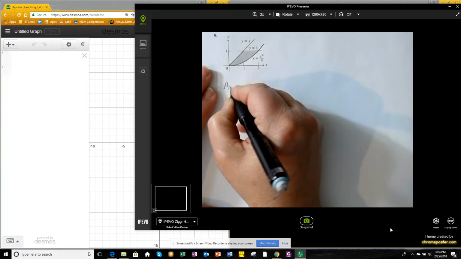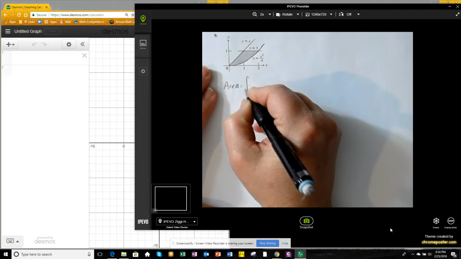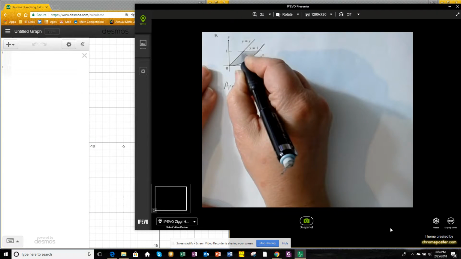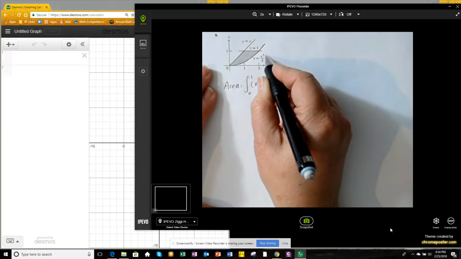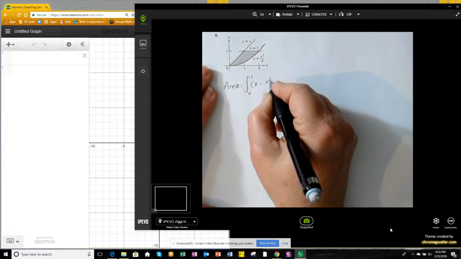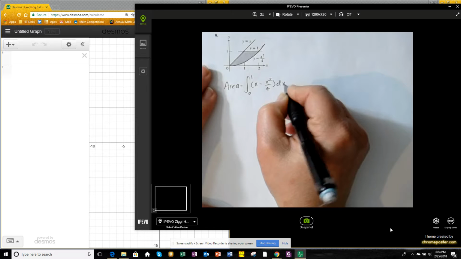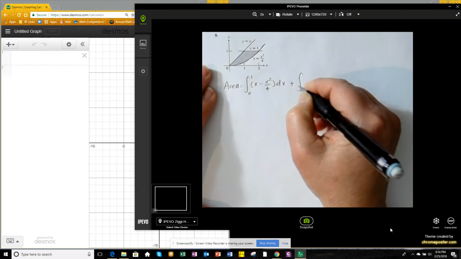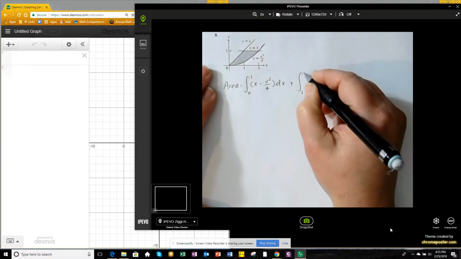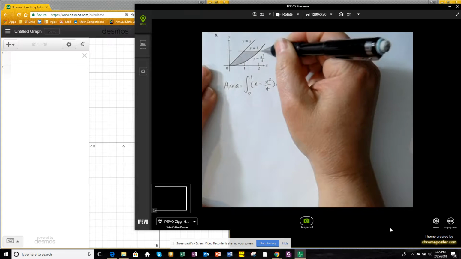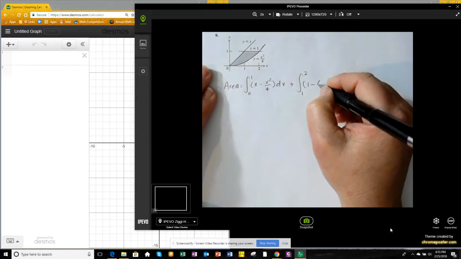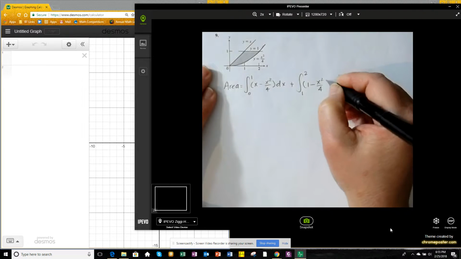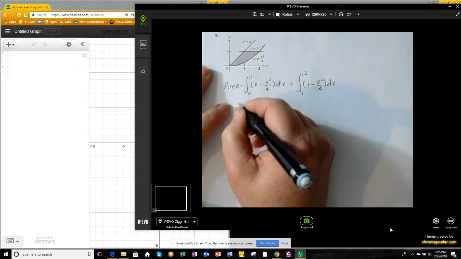And so I can say that the area is equal to the integral from 0 to 1 of this upper function, which is x, minus the lower function here, which is x squared over 4 dx, plus the integral from 1 to 2, and the upper function in this case is 1, minus the lower function, which is x squared over 4 dx. And we have to integrate each one of these separately.